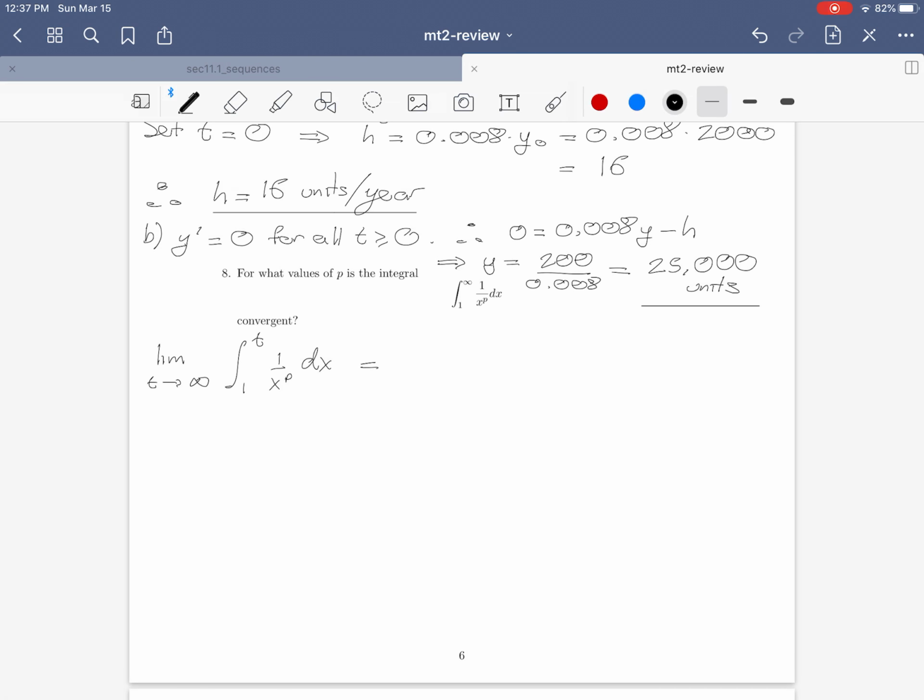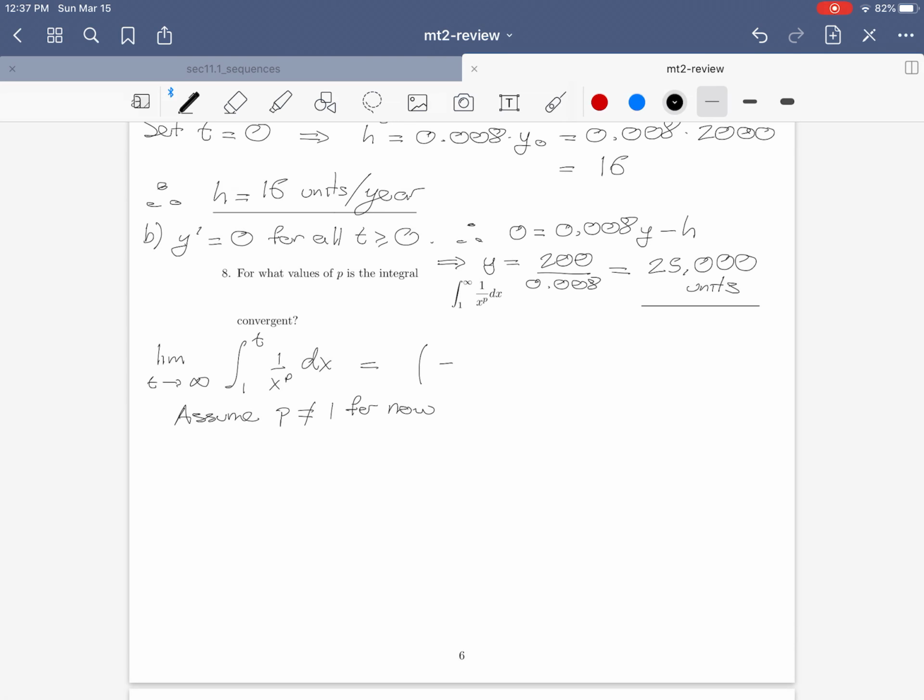Now we need to calculate the antiderivative of 1 over x to the p. I'm going to assume here that p is not equal to 1 for now. We'll deal with that case in a moment.